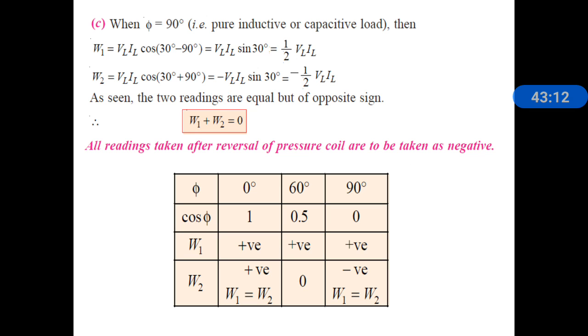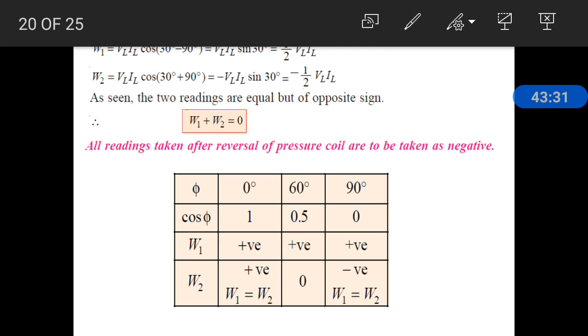Third condition: phi equal to 90 degree. So W1 is VL IL cos(30 minus 90), that is VL IL sin 30. Here 30 minus 90 means minus 60.